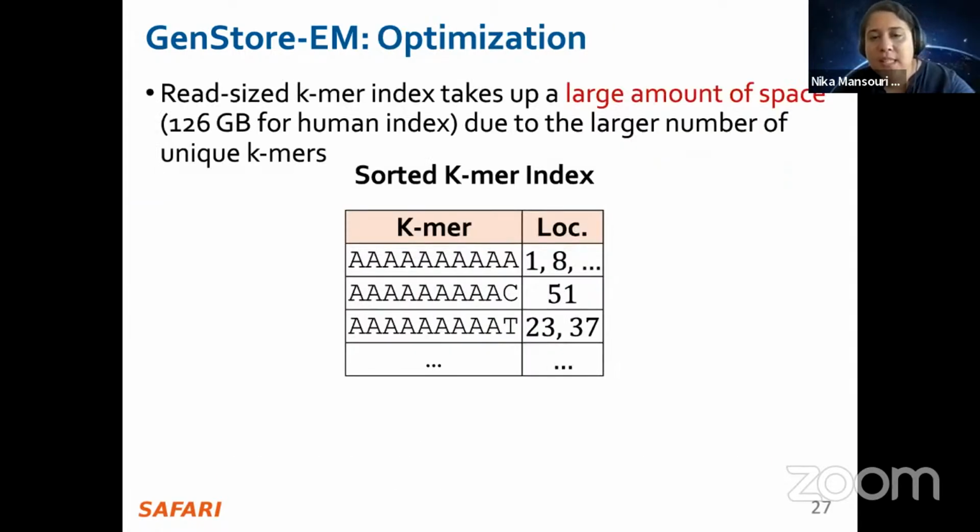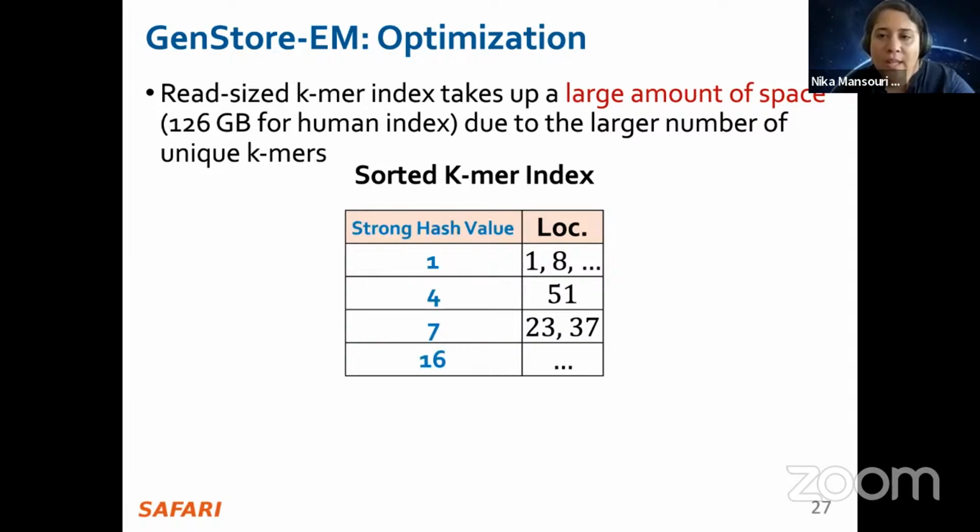Despite the key benefits of the sorted read-sized k-mer index, this index data structure takes a large space. So for example, 126 gigabytes for the human index, due to the large number of unique read-sized k-mers. So we further reduce the overhead of GenStore EM by replacing these read-sized k-mers with a strong hash value of the read that can act as the sorting criterion and the fingerprint of each entry.